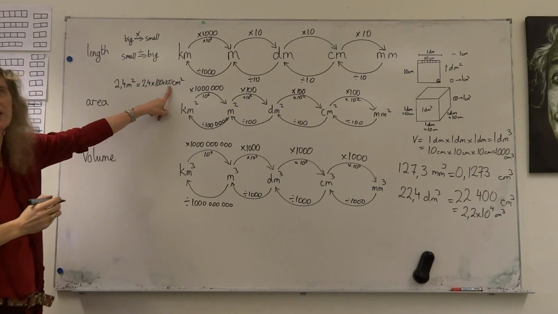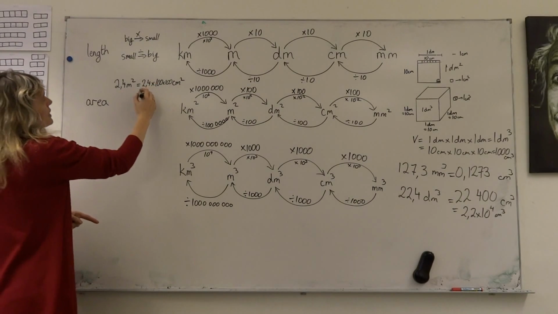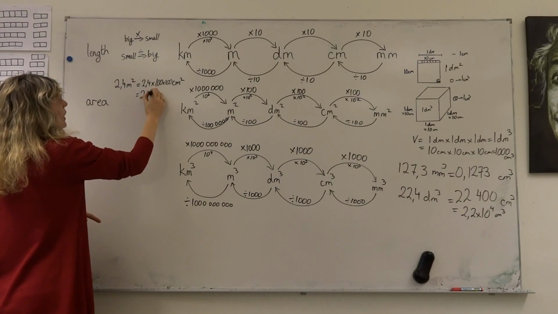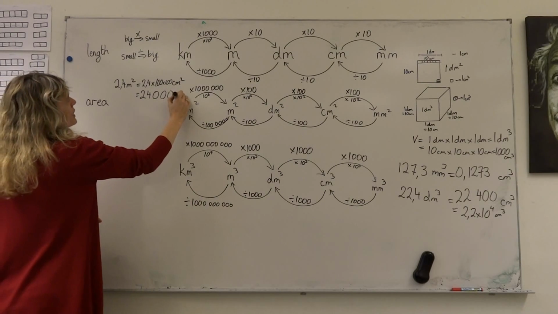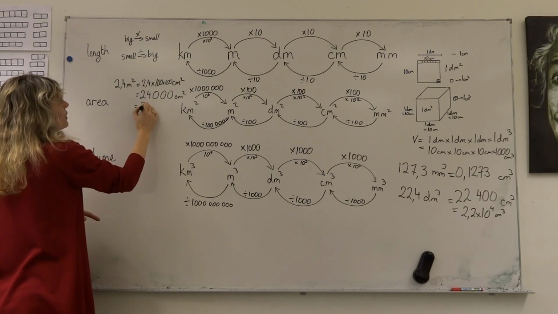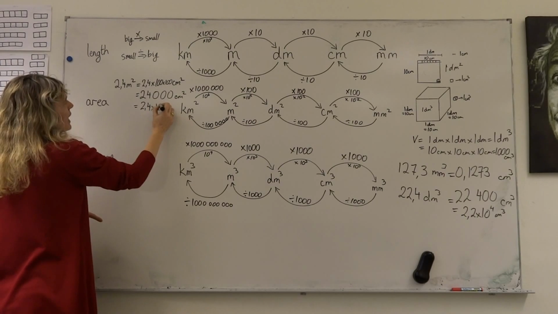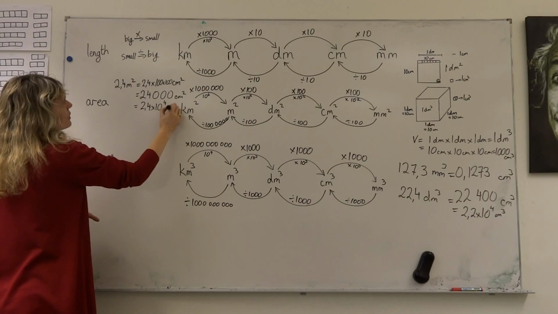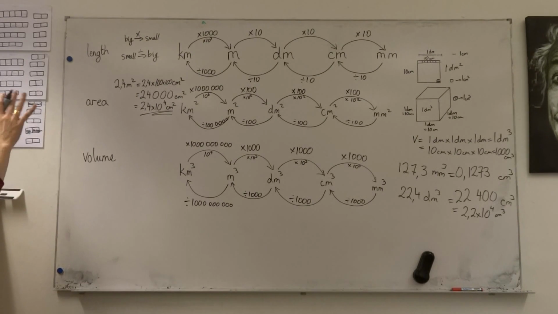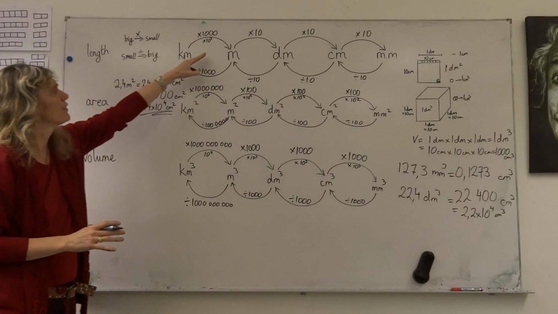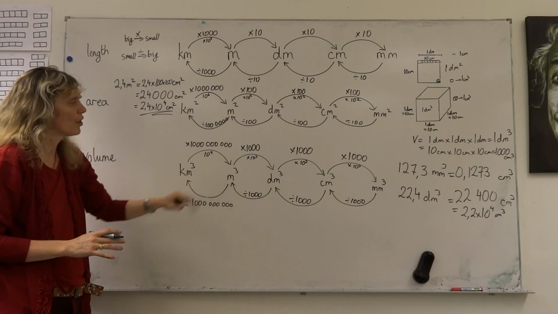I've now got 4 zeros that I'm multiplying by, so I'll move the decimal point 4 places. 24,000 centimeters squared, which could be written as 2.4 times 10 to the power 4 centimeters squared. Okay? So this is how we work with units of length, area, and volume.